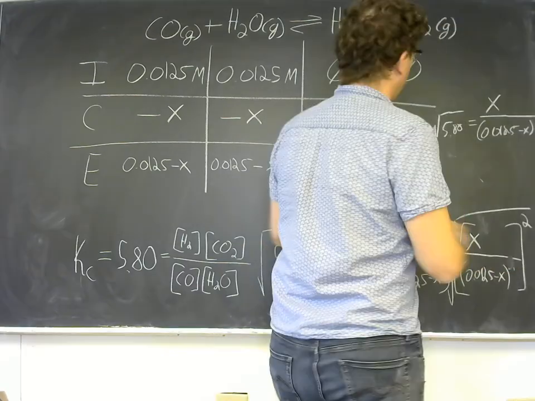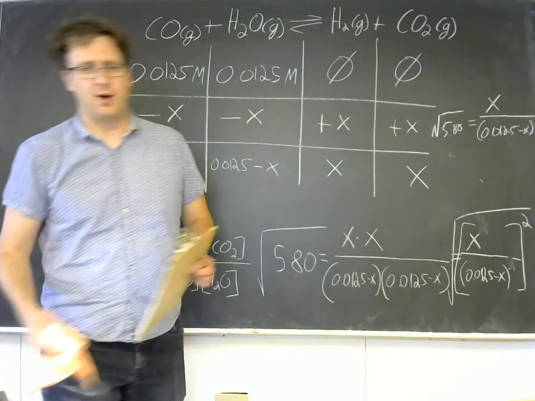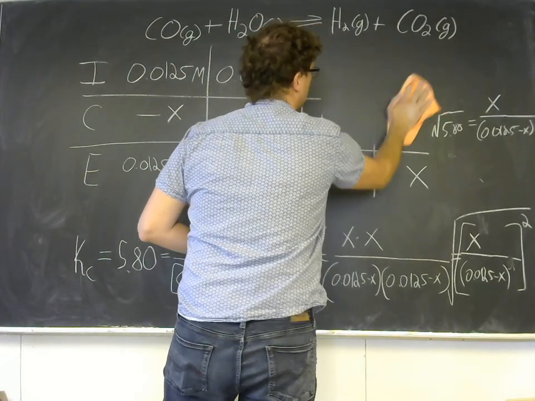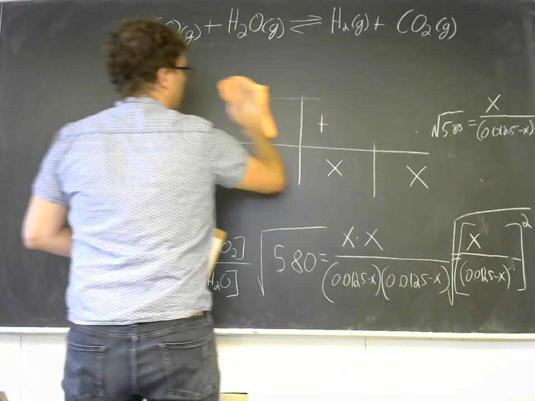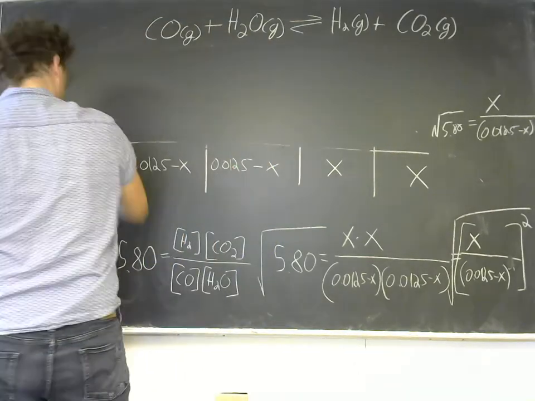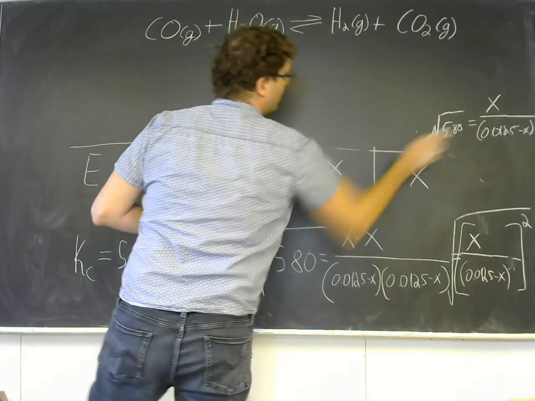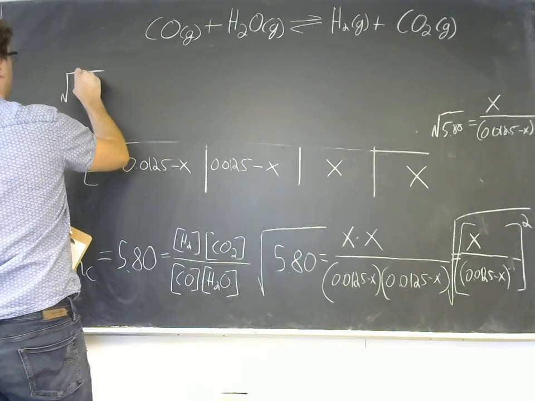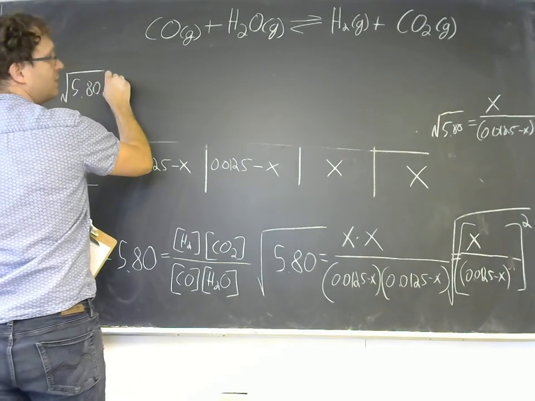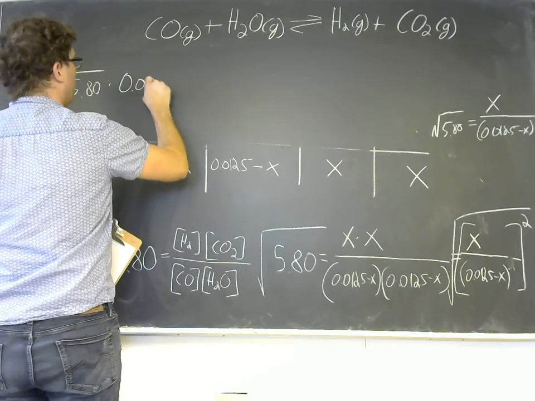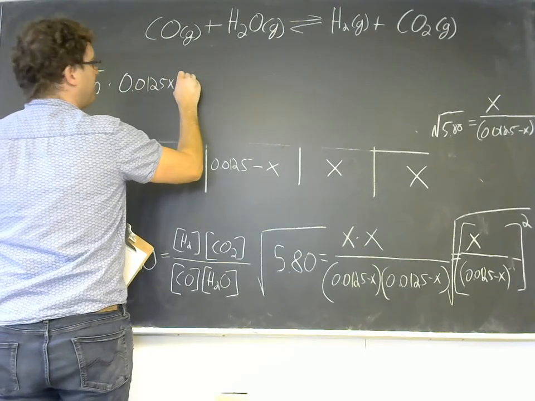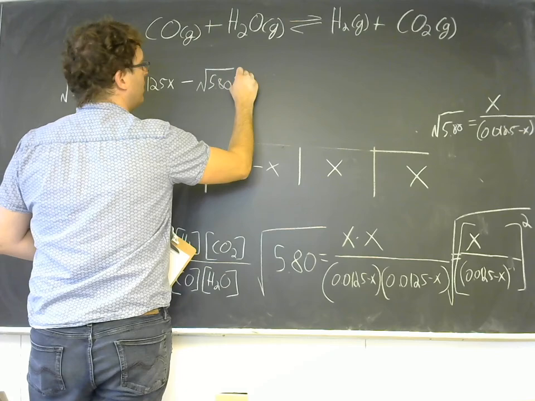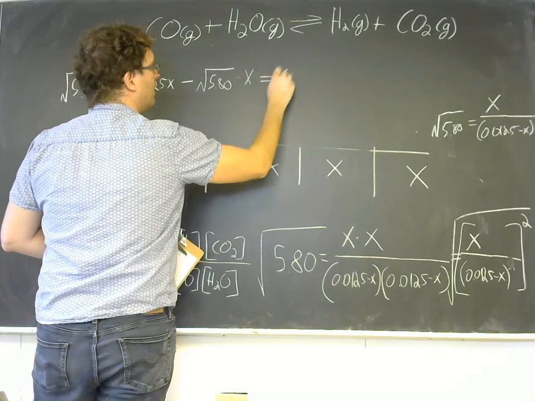Okay, so let me do some erasing here. I'm obviously running out of board space, and we don't need this portion of the ICE table anymore. I'll leave up the E for just a moment. And let's just now solve that. So we'll have the square root of 5.80 times 0.0125 minus the square root of 5.80 times x is equal to x.